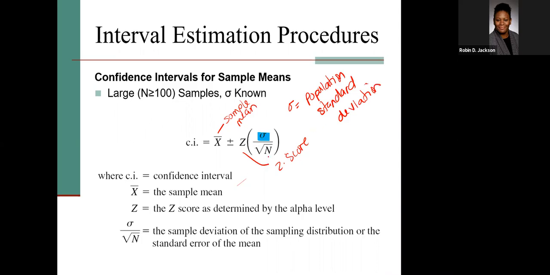This N right here, it doesn't show, but N is equal to the number in your sample. That's what that stands for. And you'll see me go through all of this as I go through the practice problems, but just to show you what each of these items stands for.